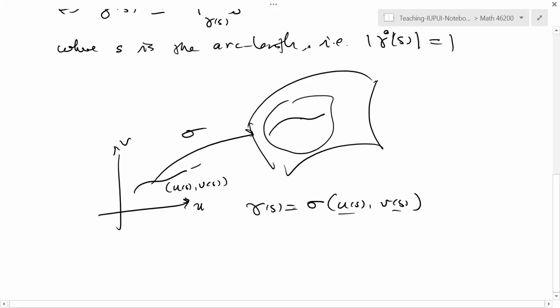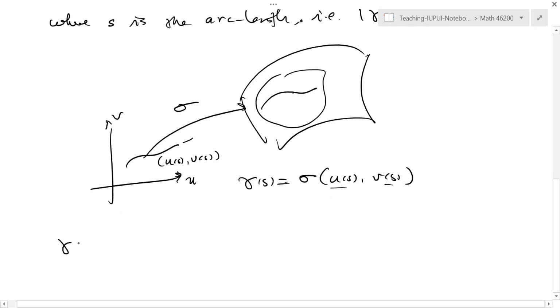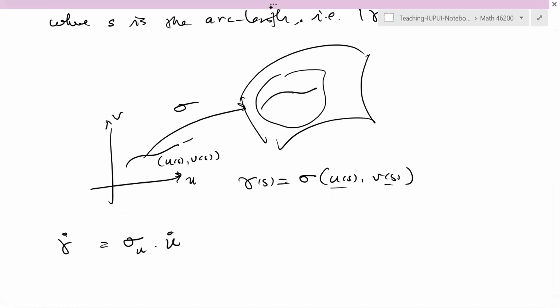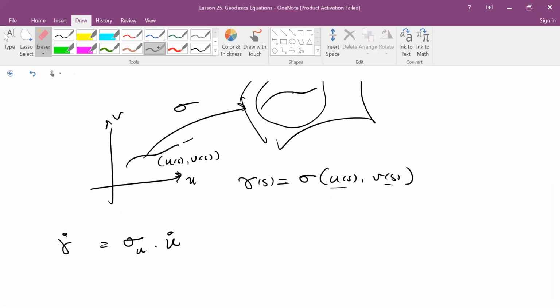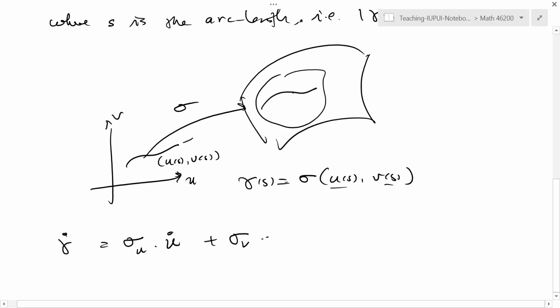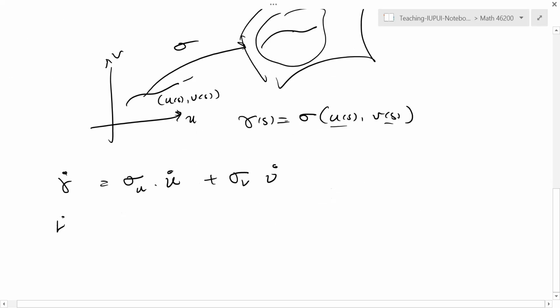So gamma dot is going to be sigma u times u dot plus sigma v times v dot. For simplicity, I'm not going to keep writing s here, so that means the derivative with respect to the arc length. The second derivative is going to be in two parts.